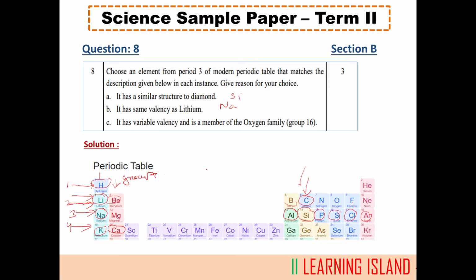Now in C, it has a variable valency and is a member of the oxygen family. This is the oxygen family, because it starts with oxygen. So the answer will be sulfur, because it is present in the third period. So here the answer will be sulfur. I hope you got this answer. So please write it down.